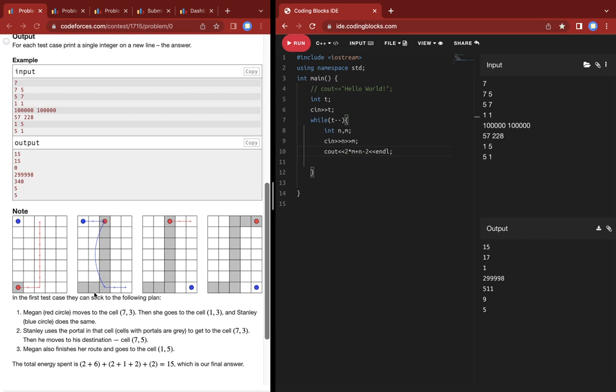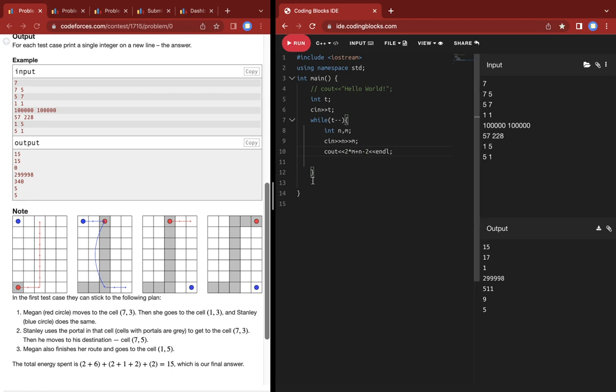So my approach was basically, this guy has to move to this point. So this is m. This guy has to move to this point, then one energy to move to this point, and then this. So this is m minus 1 plus 1 for this jump, right? So m is 5 here: 1, 2, 3, 4, m minus 1 plus 1 for this jump.